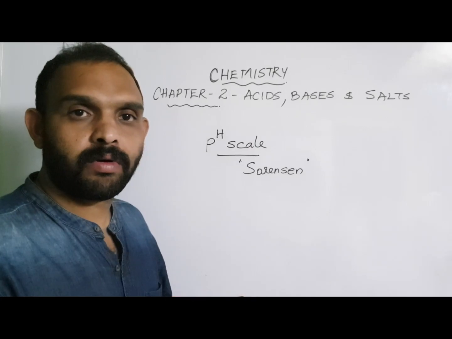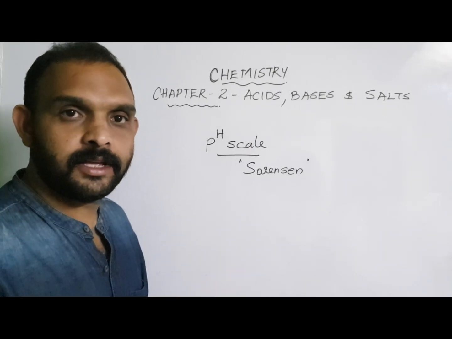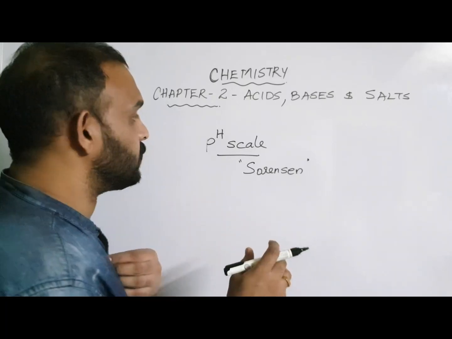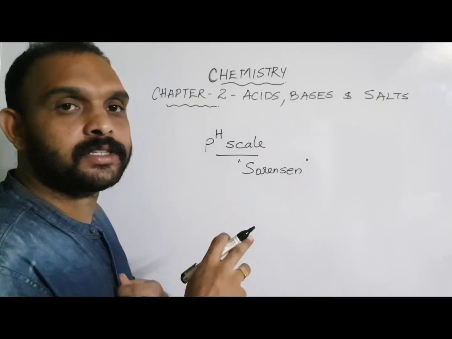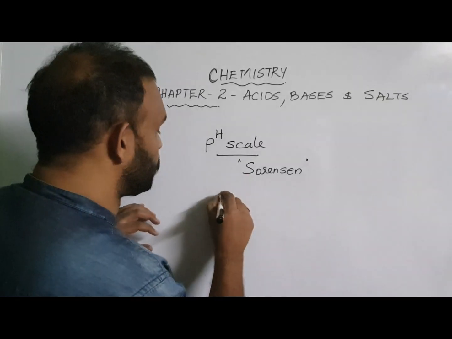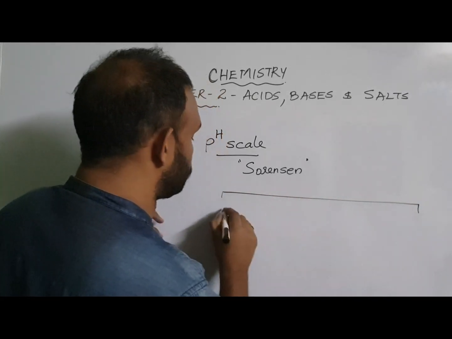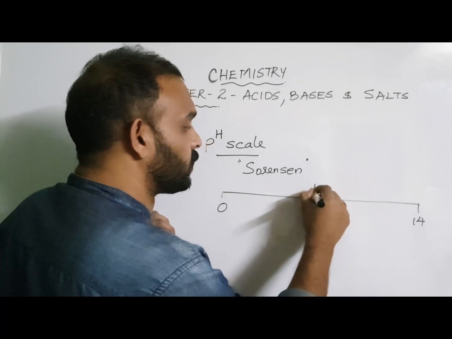But how do we find out the strength of an acid? To find it out, we have a measurement known as the pH scale.